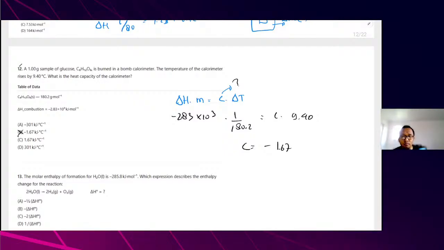What's going on? The decomposition minus delta H combustion. Hmm. Yeah, it should be B, guys.